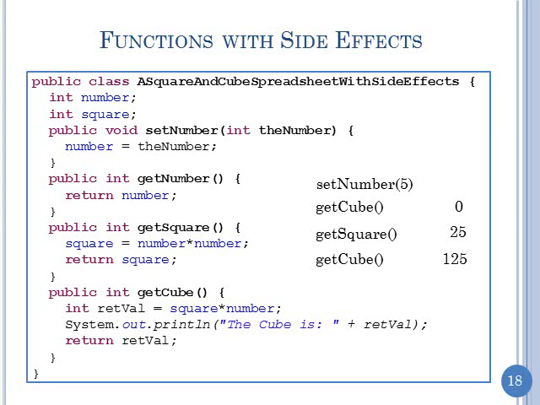So I'm going to argue that get number has no side effects, but get square and get cube have side effects. They're all three impure functions, but they are bad to different degrees. Okay? Because they have different degrees of side effects. We'll have to figure out what side effect means.